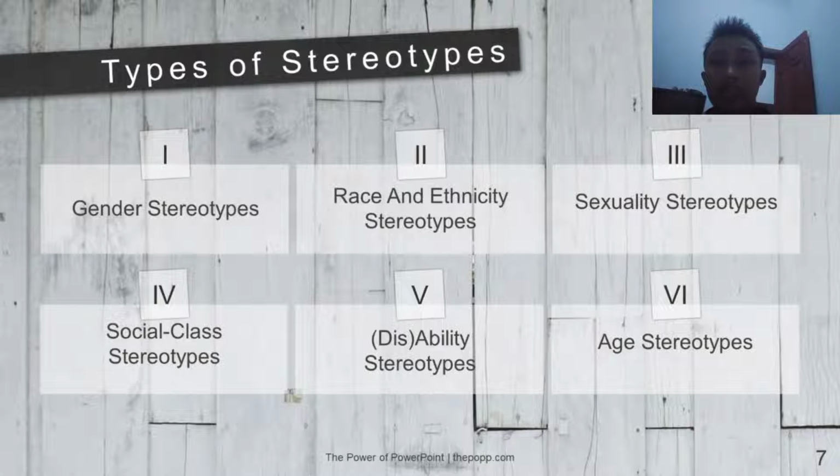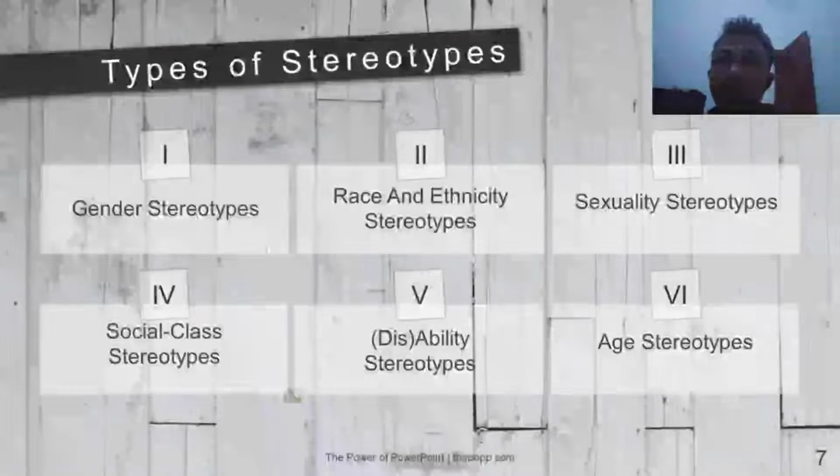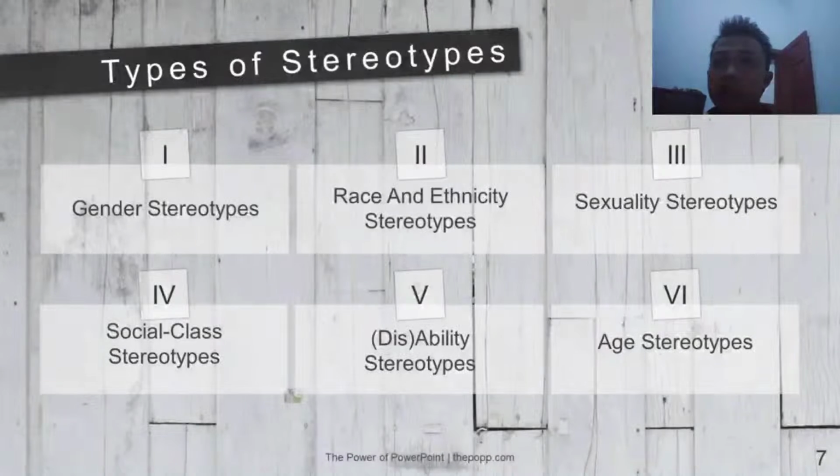And number three, there are sexuality stereotypes. Many people continue to hold prejudice against people based on their sexual orientation. This leads to harsh discrimination against LGBT people, and recent decades have seen some great progress for the LGBT community.